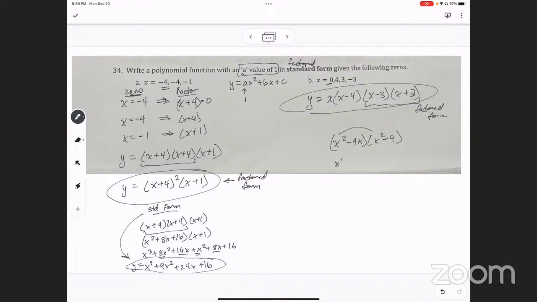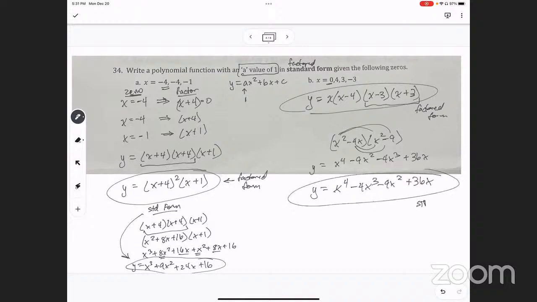That's x to the 4th, minus 9x squared, minus 4x cubed, and plus 36x. So in standard form, we just put it in order: x to the 4th minus 4x cubed minus 9x squared plus 36x. And there's standard form.